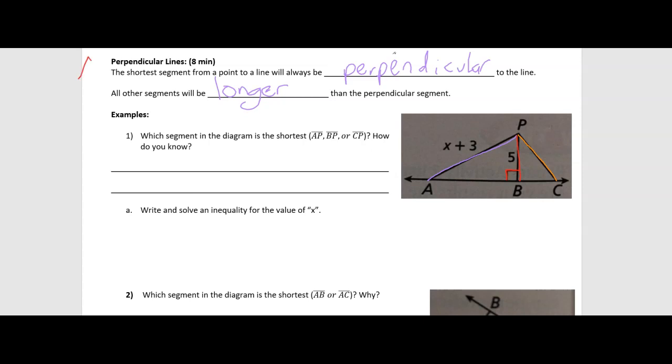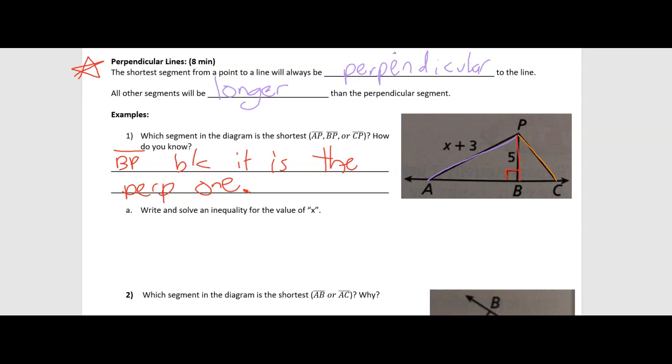We just looked at this statement right here: the perpendicular segment is always going to be the shortest one. So BP is the shortest because it is the perpendicular one. We don't have to do any measuring. We can just make that statement based off of what we know about perpendicular segments.